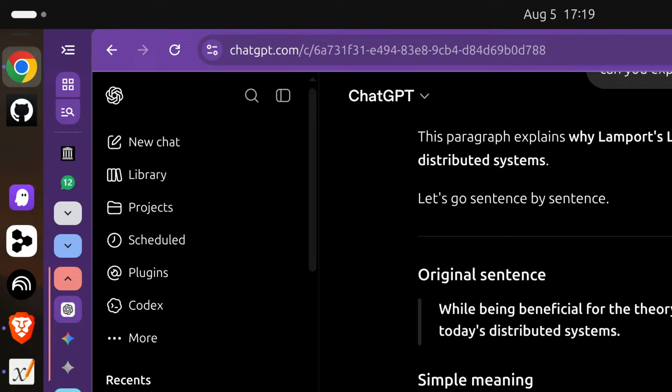Simply, Lamport logical clock is great for understanding the theory of distributed systems.